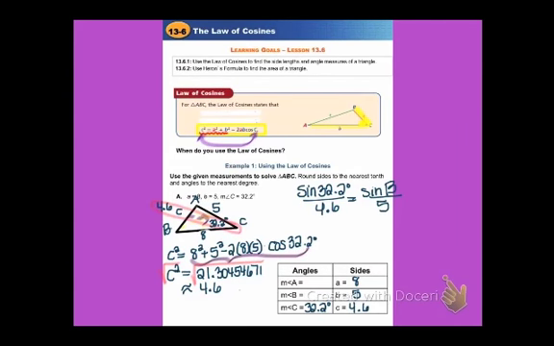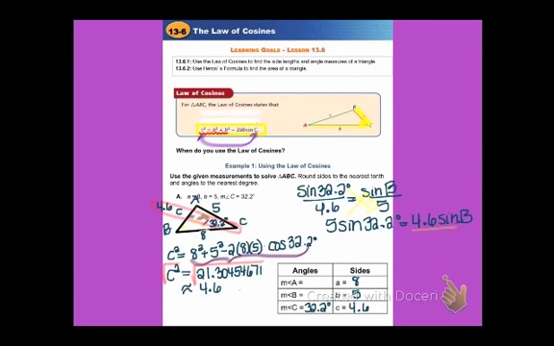I'm going to use this to find angle B first, and then we can go back and use the triangle sum theorem to find angle A. So let's take a look at angle B. To solve this, I'm going to do the cross products. I'm going to multiply across, so that gives me 5 times the sine of 32.2 degrees is equal to 4.6 times the sine of B.